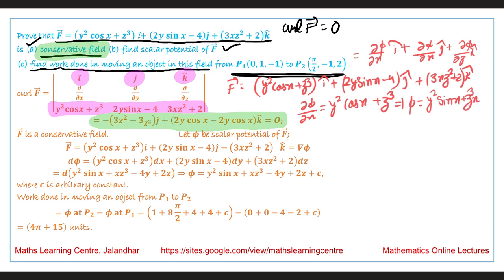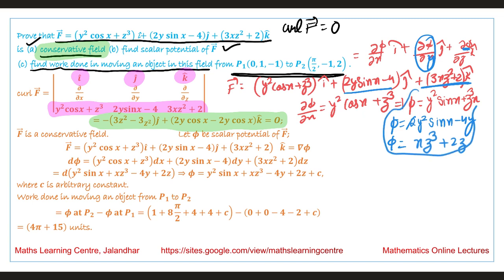Similarly, from the second term, when we equate curly phi by curly y, the value of phi that we can have is 2y square by 2 into sin x minus 4y. And from the third term, on solving, we obtain xz cube plus 2z.